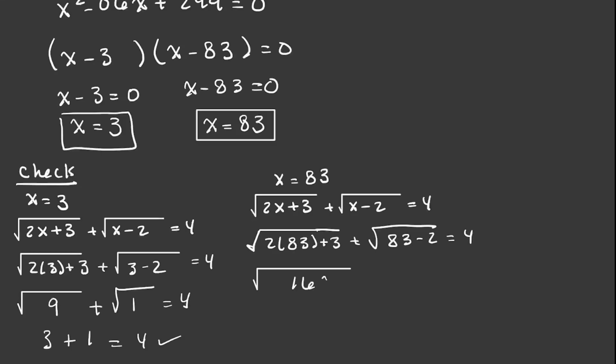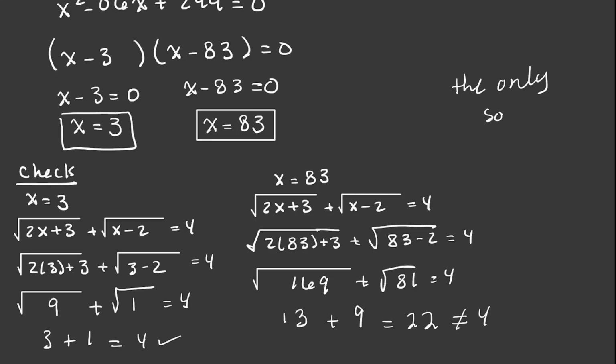So that's the square root of 169 plus the square root of 81. So the square root of 169 is 13 plus the square root of 81 is 9. So 13 plus 9 is equal to 22. And 22 is not equal to 4. So that tells us that the only solution is x equals 3.